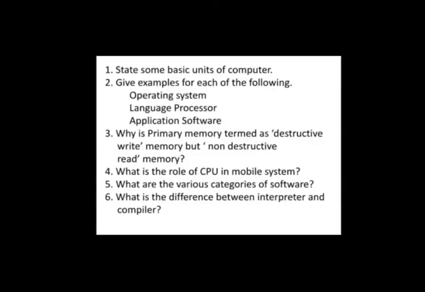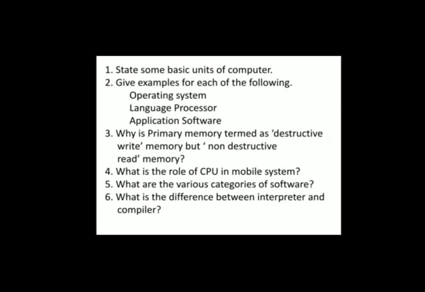This is your first question. State some basic units of computer. Second question. Give examples of each of the following: operating system, language processor, and application software. Third question. Why is primary memory termed as destructive write memory but not destructive read memory?